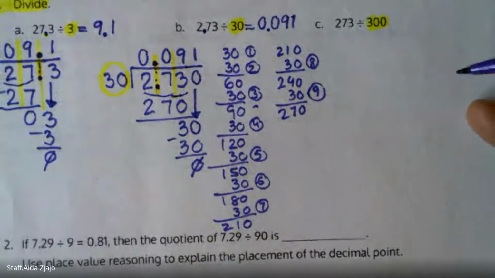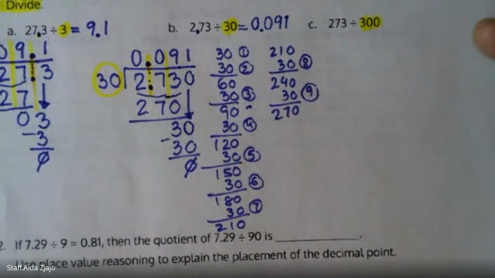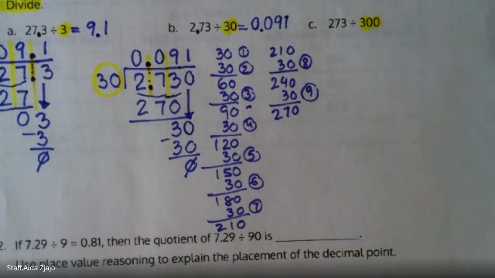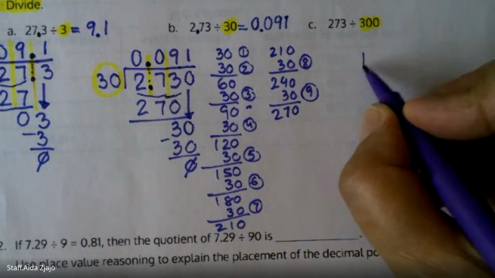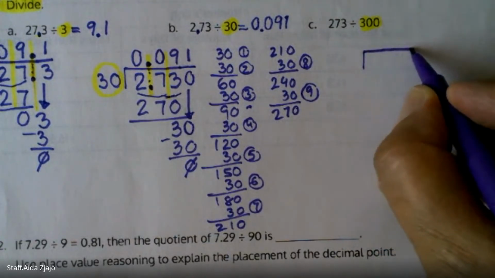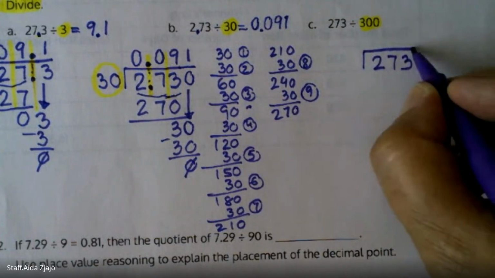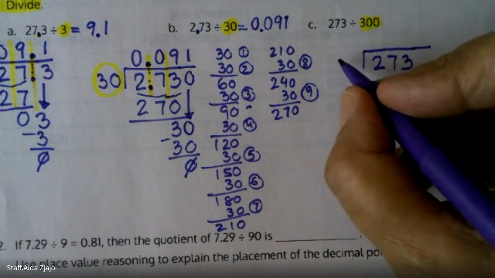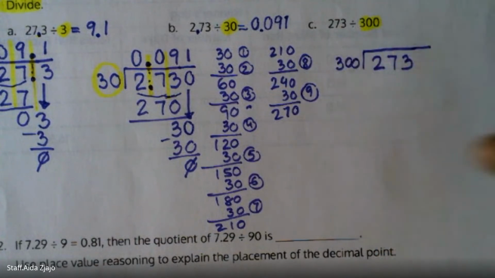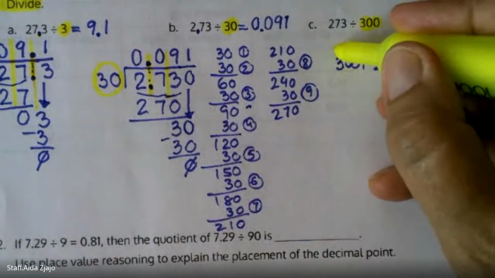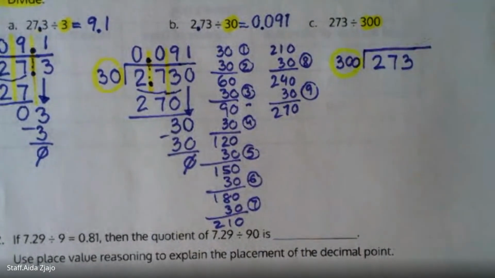So if you have 3 into 300, the group is really big. So I make this 273, I can see that, and my group is 300. I can't even give one friend anything because I don't even have a 300.